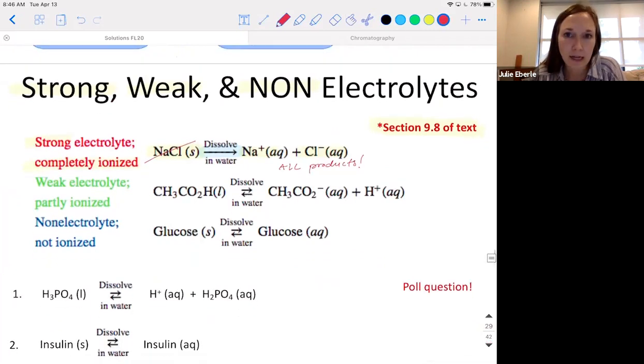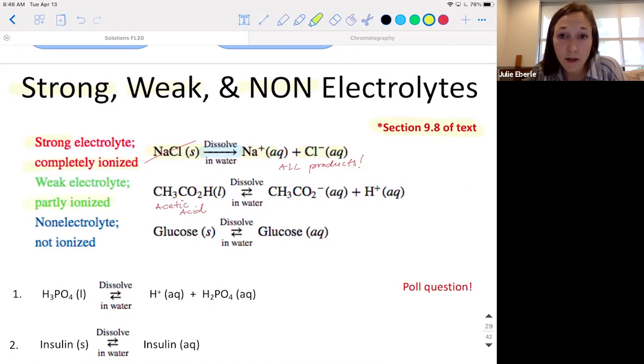A weak electrolyte would be something like, here we have acetic acid, all right? CH3CO2H. Sometimes you see it as HC2H3O2. It's written different ways, but this is acetic acid. And it will not completely ionize. So it will, what we say, partially ionize.